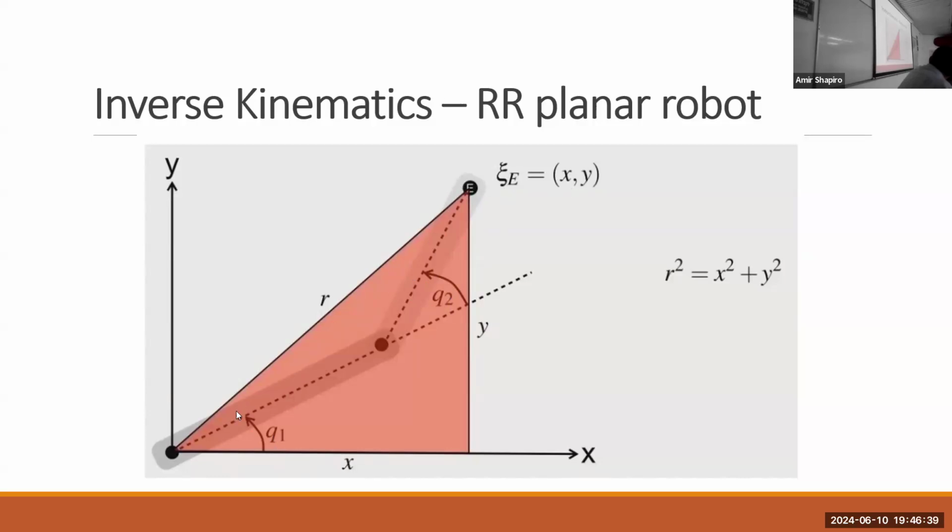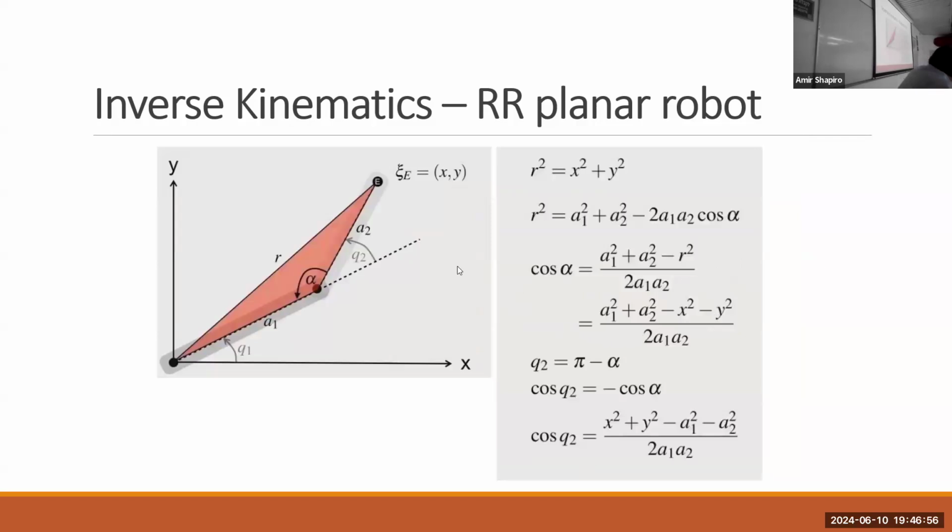So the length of this part of the triangle, we know. It's simply the Pythagoras theorem. As you can see here, r squared is equal to x squared plus y squared. Then we look at this triangle and we use the cosine theorem.